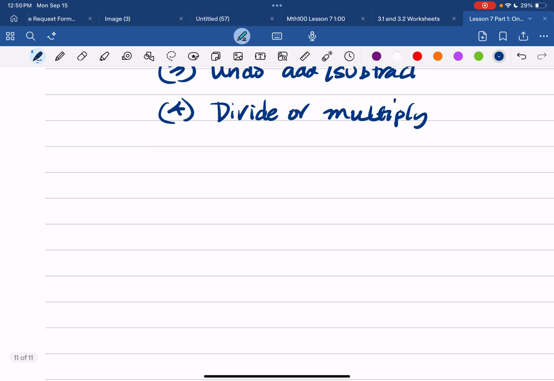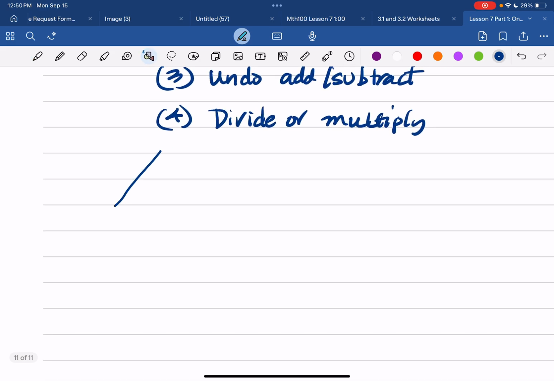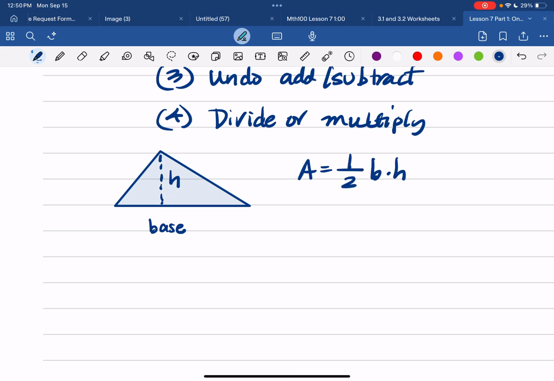Okay, I'll do one more. You may not have one like this, but the concept is the same. Let's say you have this shape. That's a triangle. That's its height. That's its base. The area of a triangle is 1/2 base times height. So what if I tell you the base is 12 and the area is 36, so we don't have big numbers to deal with.